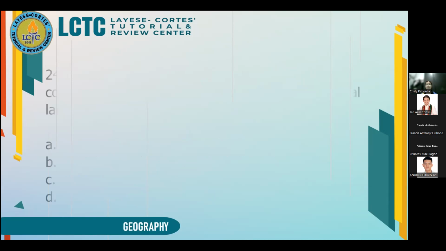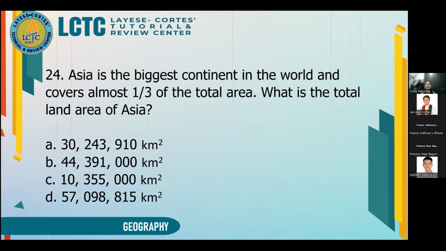Okay, next, geography. Asia is the biggest continent in the world and covers almost one third of the total area. So what is the total land area of Asia? Do you know what is the total land area of Asia? Wild guess?